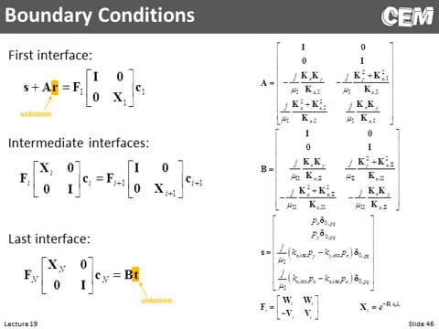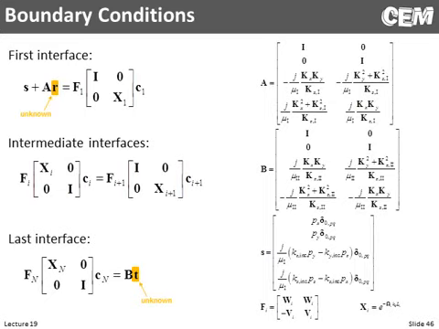So we can write equations for our boundary conditions at a few different places. We have our first interface, which we can write this way. We have at some intermediate interface and some last interface. So what I would suggest to do, I won't do it here, but go back to an earlier slide in this lecture where we showed boundary conditions that we use for the scattering matrices.